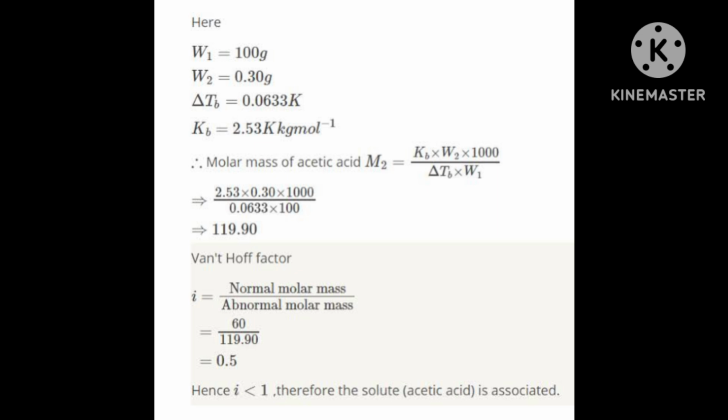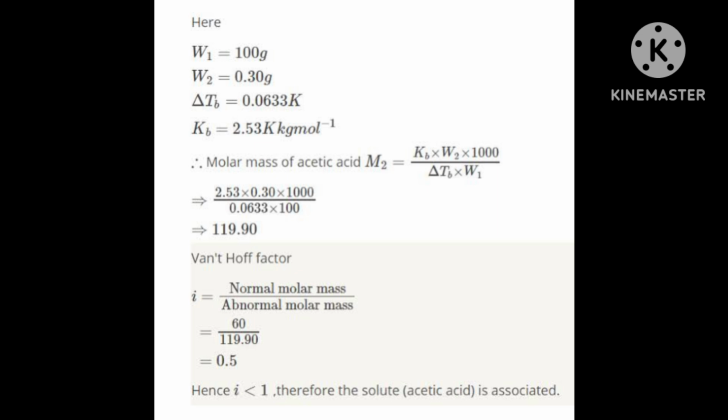Suppose the solute is 2, then W2 by M2 is the number of moles of solute, present in W1 gram of solvent. So W1 gram of solvent contains m moles of solute.